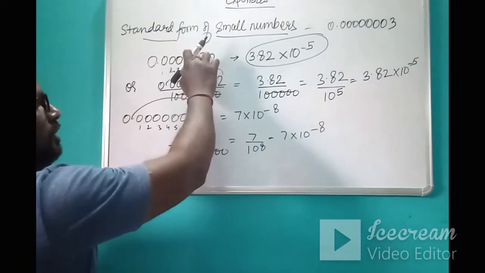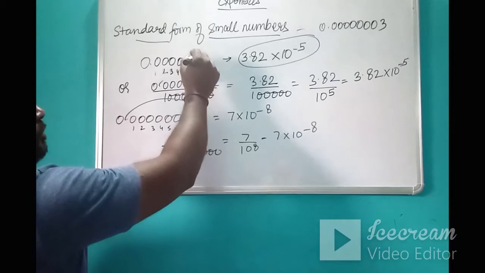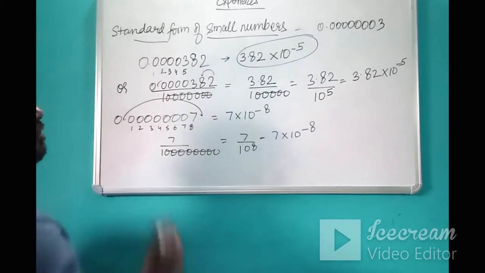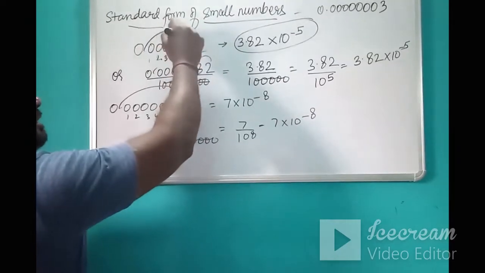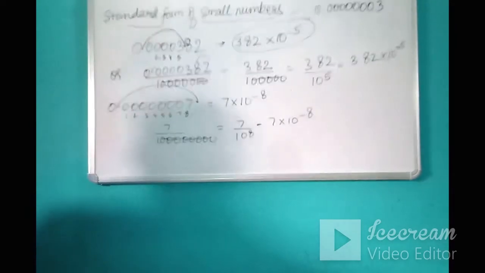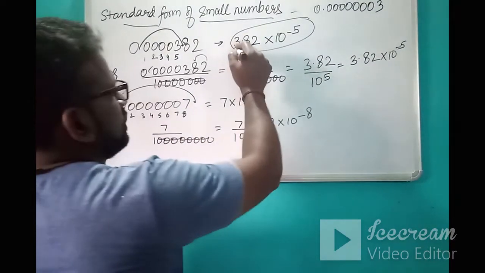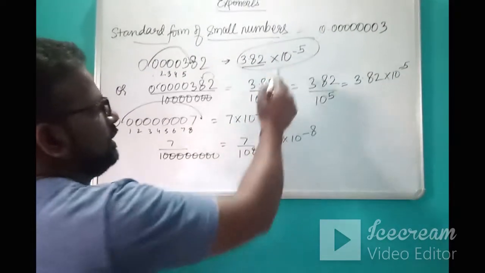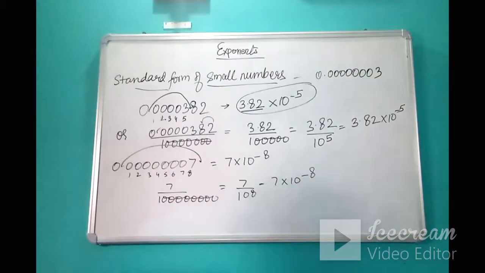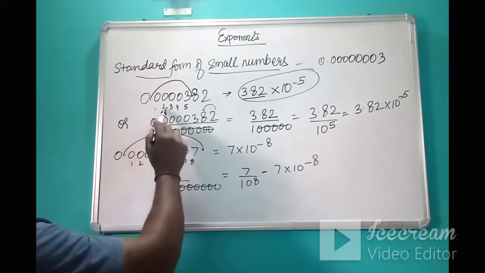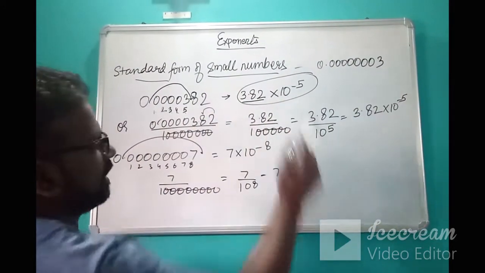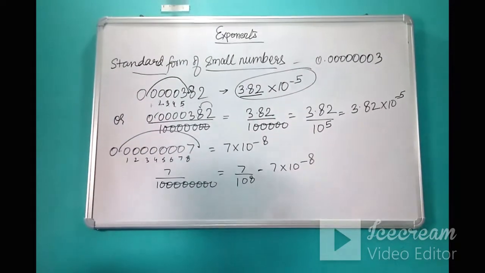Before the decimal only one digit is required. So you will count till the one digit, then you will put a decimal here and bring this decimal here. So now it becomes 3.82 into, you have to write the negative power of 10, and how many zeros? You just count 1, 2, 3, 4, 5. It becomes 10 to the power minus 5.